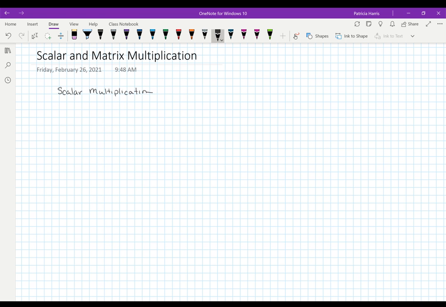So this is when you multiply a number by a matrix, or a matrix by a number. Okay, the scalars are lowercase letters, so we can tell the difference between a matrix, which is an uppercase letter.